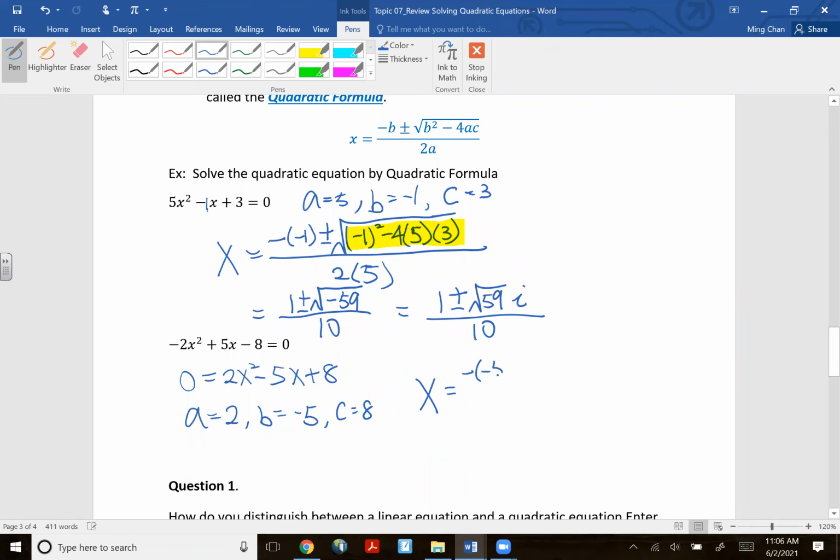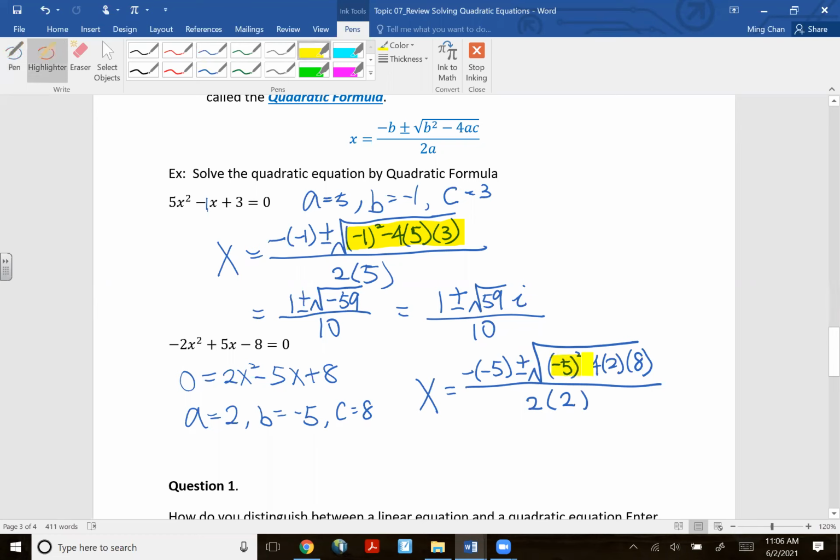My b is negative 5 plus or minus the square root of my b, the whole thing squared, minus 4 times my a, which is 2, my c, which is 8, and both of these terms on top divided by 2 times my a, which is 2. So substitute into the formula.